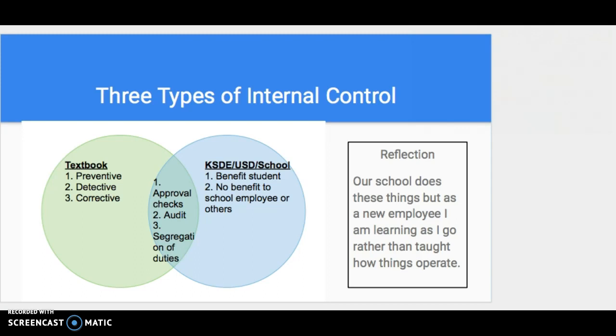So that's approval checks. Then an audit. That would be detective work to make sure there were no bookkeeping mistakes and the money was where it was supposed to be. And then segregation of duties, meaning certain people should have certain duties. For instance, the bookkeeper should not be the same person that makes the deposits.